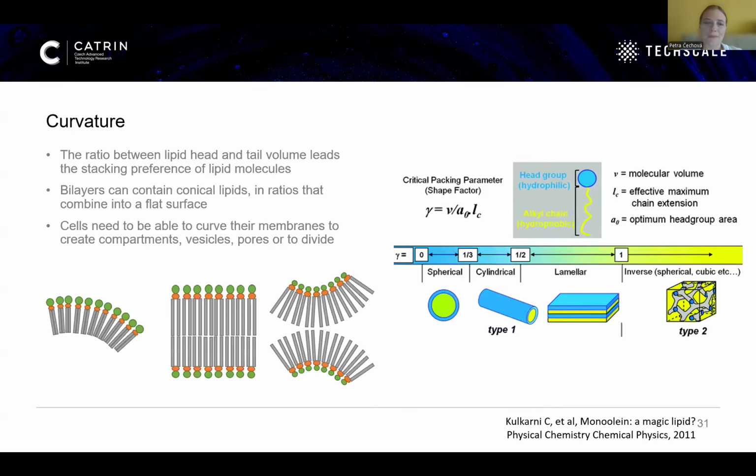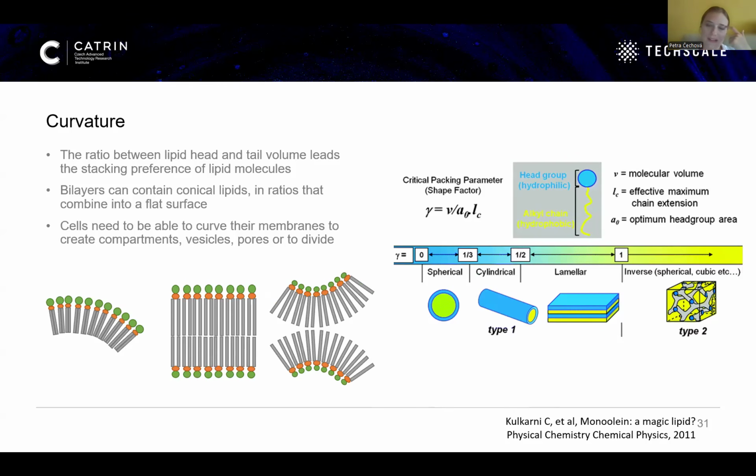This can be described mathematically using a packing factor. The packing factor basically takes the real volume of the molecule and divides it by a simplified approximation of the volume using the area of the head group and the length of the tail.